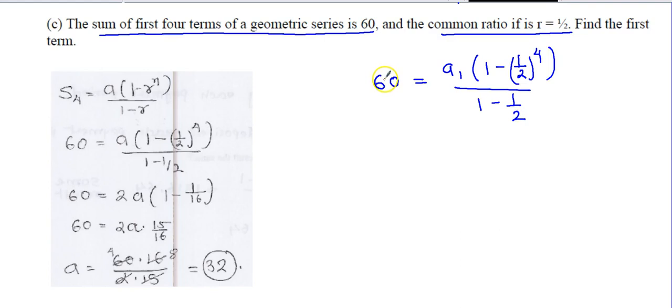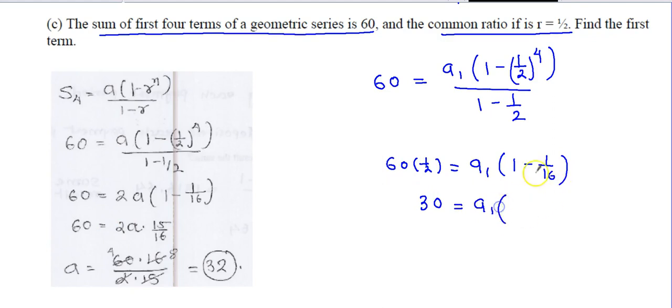Half times 60 is 30. 2 to the 4 is 16. This number will be 30. 1 minus 1/16 is 15 over 16. And the first term is 30 times 16 over 15, which is the same as 32.